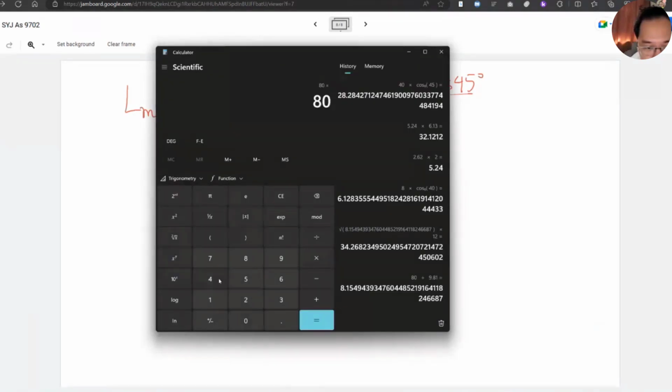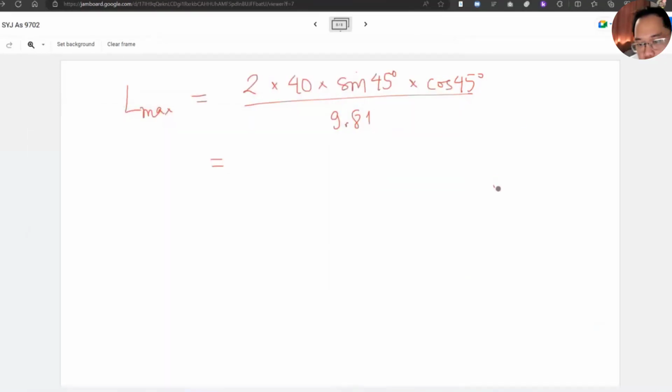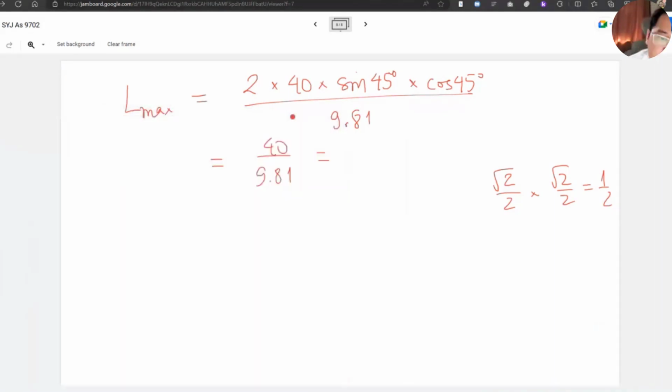Okay, 80 times sine 45 times cosine 45, divided by 9.81. Because sine of 45 is square root of 2 over 2, and cosine is square root of 2 over 2, multiplying them we have 1/2, simplified with 2 here. So we have 40 over 9.81, which with a calculator is 4.08 meters, maximum range.